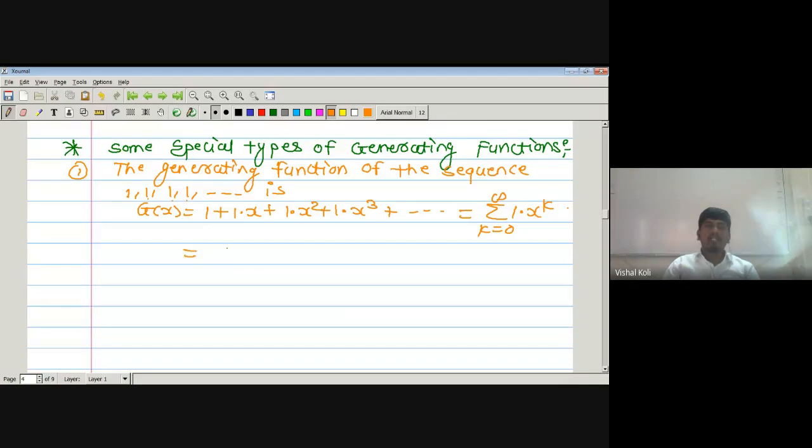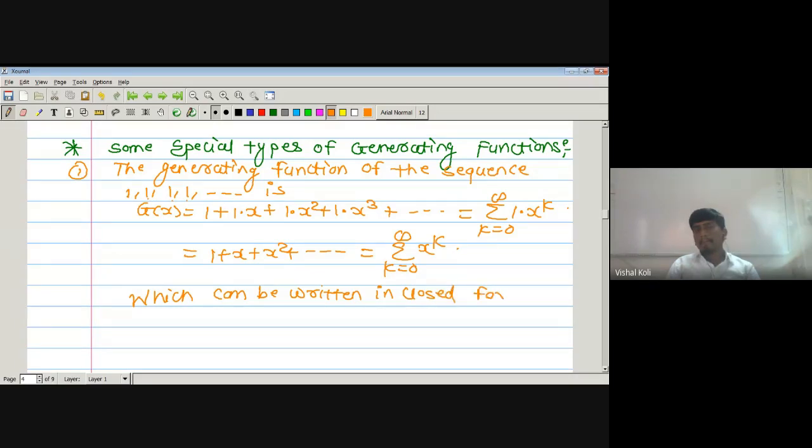Which implies our generating function is nothing but 1 plus x plus x square plus up to so on, which is equal to summation k running from 0 to infinity x raised to k, and which can be written in closed form as g of x is equal to 1 upon 1 minus x.